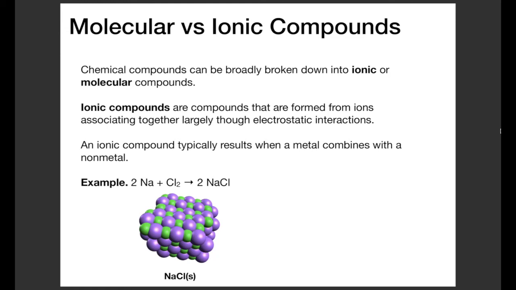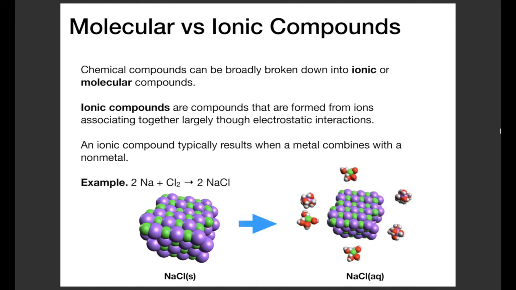Instead, it's a large number of anions and cations combined together. When you take an ionic compound in the solid state and dissolve it into water, sometimes it can dissolve. When it dissolves, what happens is it forms water-associated cations and anions. So in solution, the cations and anions are no longer associated with one another.